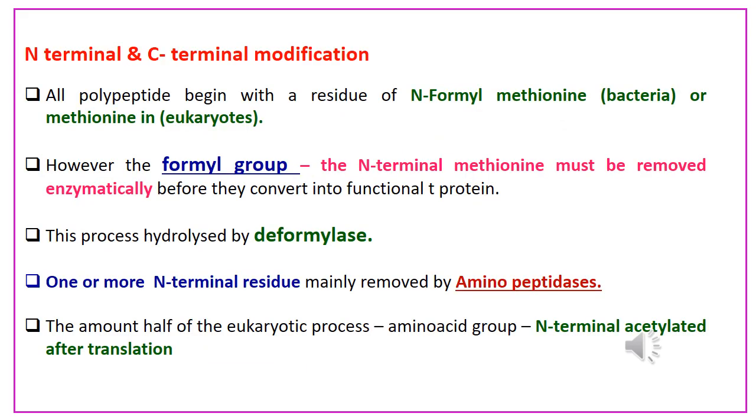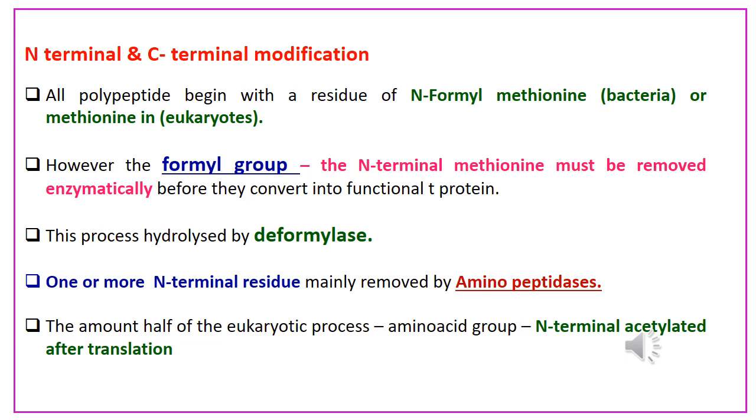The first one, N-terminal and C-terminal modification. All polypeptides begin with a residue of N-formyl methionine in bacteria or methionine in eukaryotes. However, the formyl group or the N-terminal methionine must be removed enzymatically before they convert into functional protein.